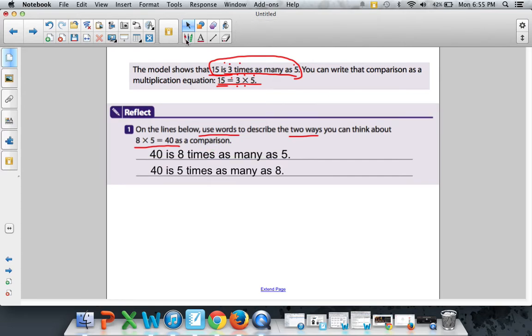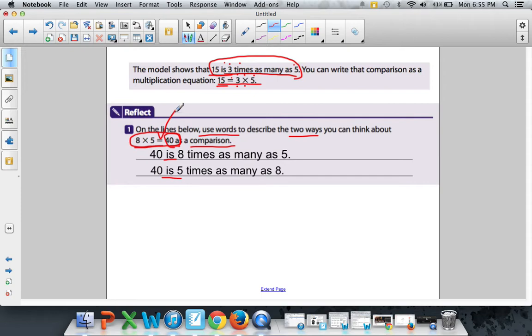So what we just did is we wrote a multiplication comparison. And that's a skill you need. It's very simple. You look at the equation and you go, okay, what does it equal? It equals this big number. That's first. Then I have to make sure I put the word is in there, because is the same thing as an equal sign.